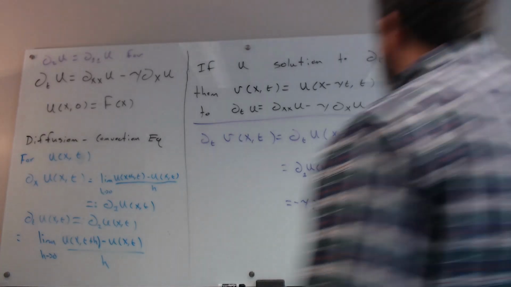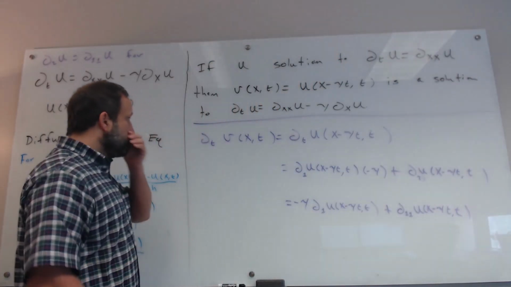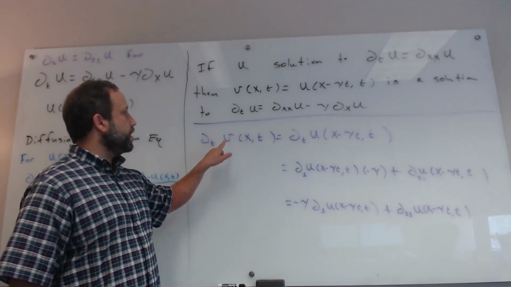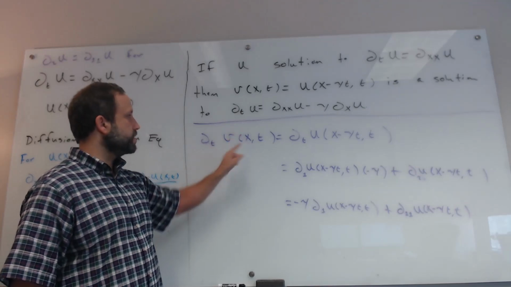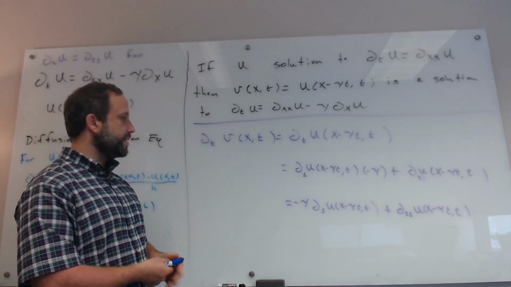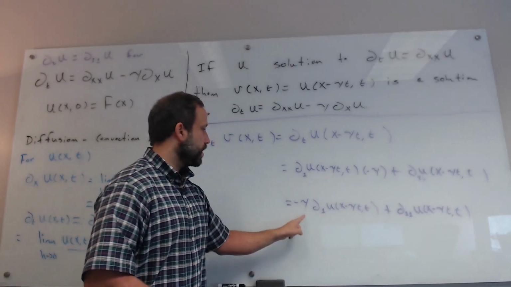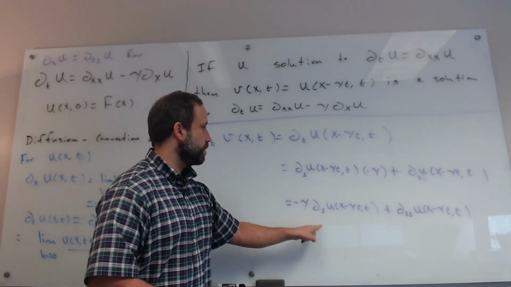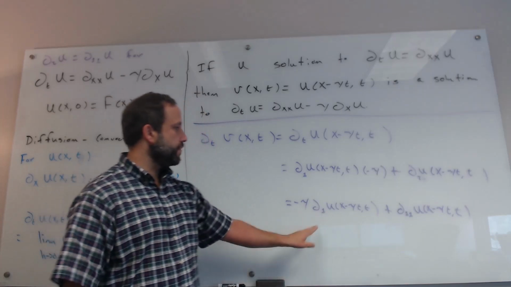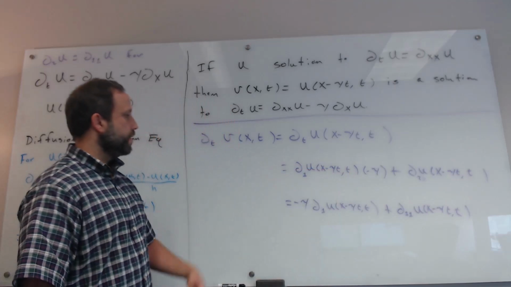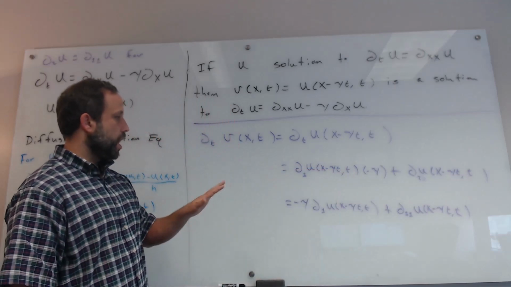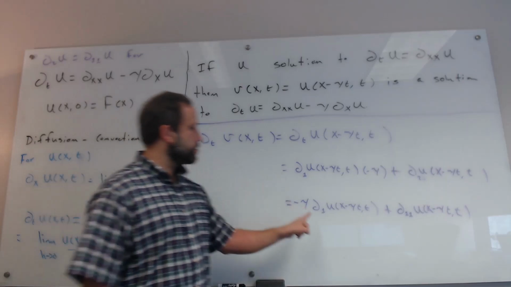Now observe that if you take the derivative of v in the first component, that's the same as taking the derivative of v in the x component here, because x is in the first component. So what I'm saying is this right here, gamma times the derivative in the first component of u. When I say derivative in the first component of u, I mean we're varying this part right here.